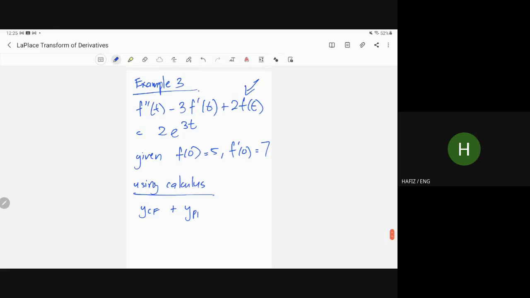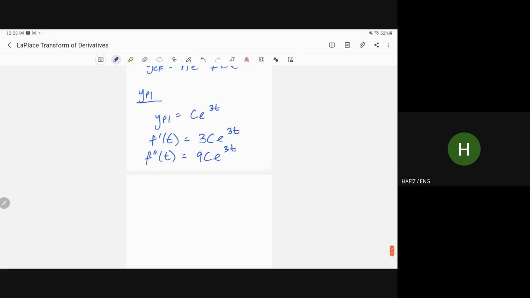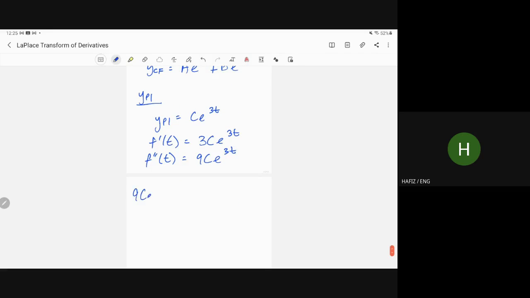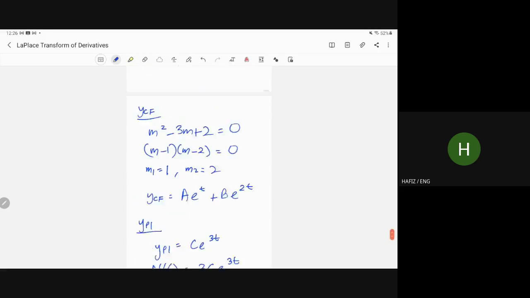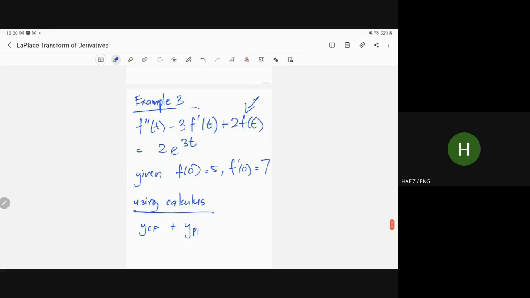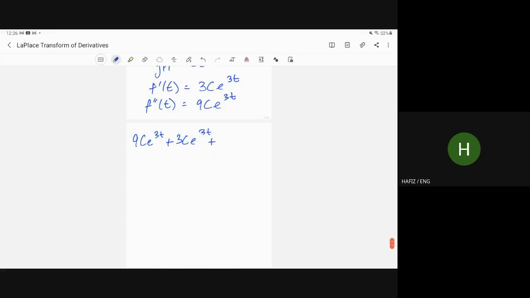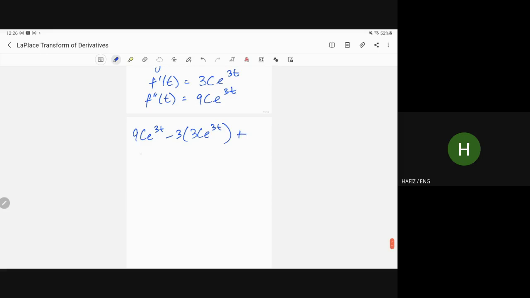So into here, you will have 9Ce^(3t) minus, wait, I forgot this one, there's 3 and 2. 9Ce^(3t) minus 3(3Ce^(3t)) plus 2Ce^(3t) is equal to 2e^(3t).